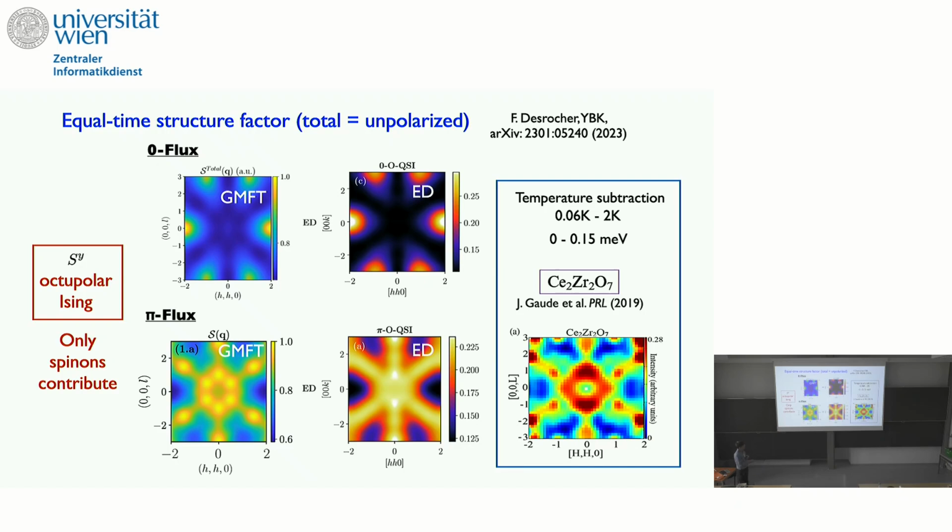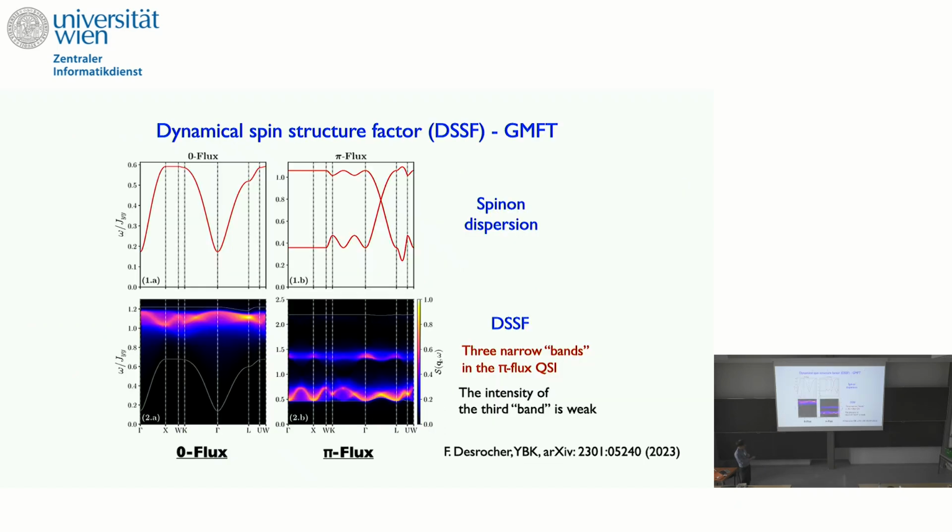parameterization. And more interestingly, we can now compute the dynamical spin structure factor. What happens in the pi-flux state is that because of the pi-flux background, there's a doubling of the unit cell. So instead of a single spinon band, I have two spinon bands, and because of that I have this kind of flat spectrum with two bands of spinon.